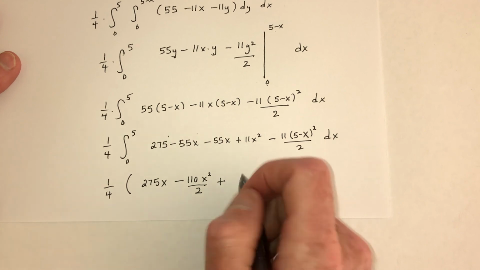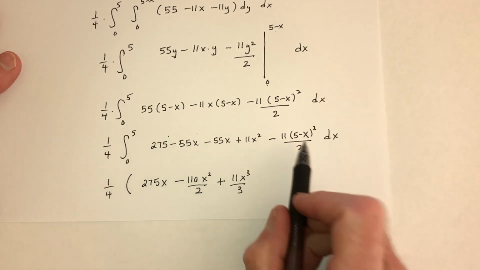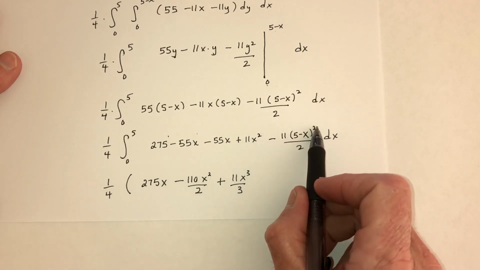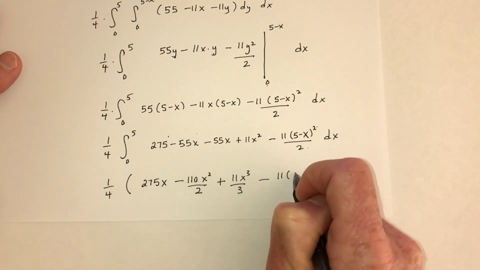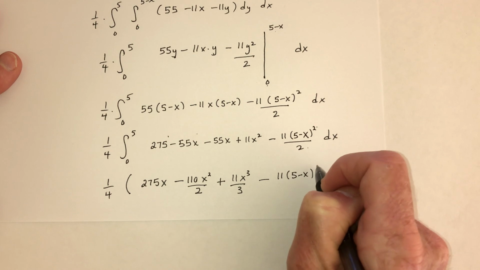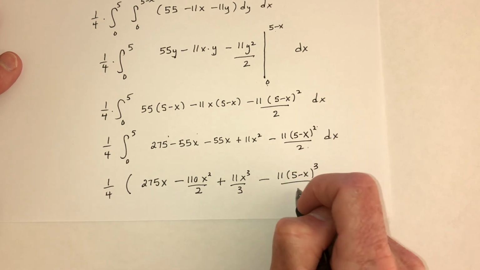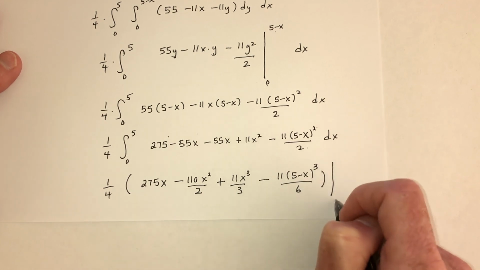And this one would become 11x cubed over 3. And then for this one, much like this, it's going to become cubed over 3. So there's going to be the negative 11, and then 5 minus x cubed over 3. So if you put another 3 down here, it's now going to be over 6. And then evaluate that from 0 to 5.